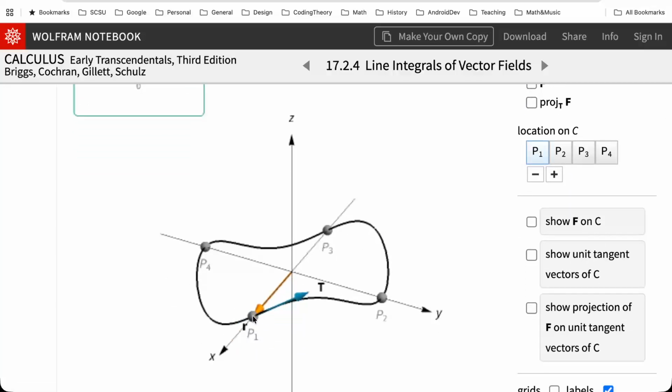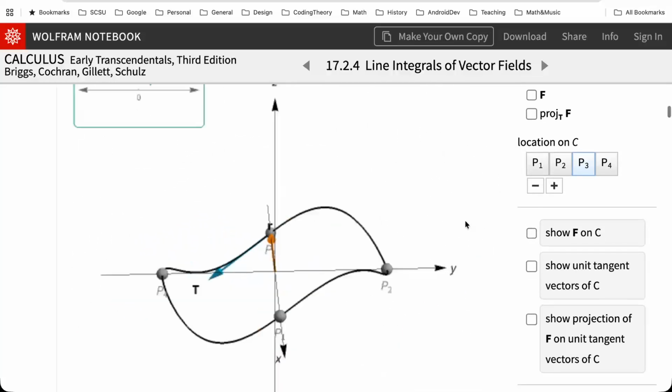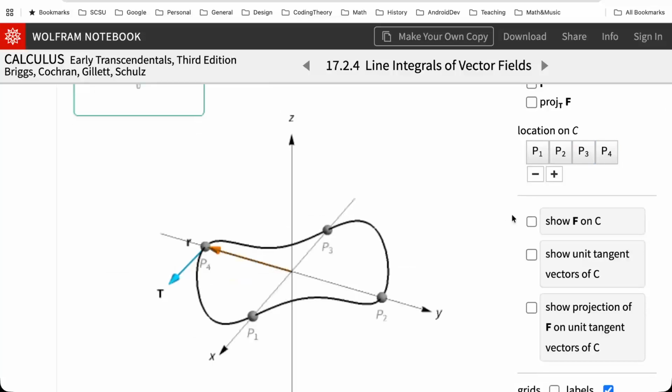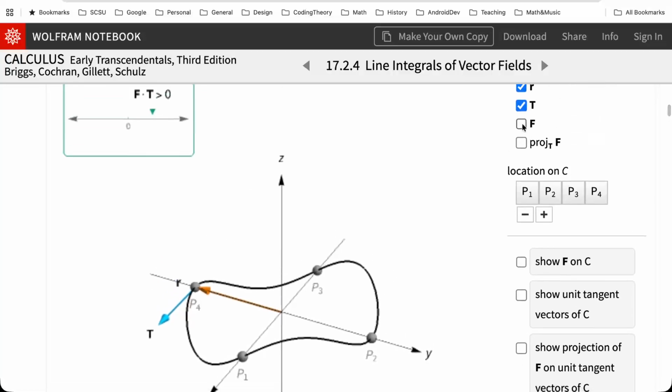So when the position has us at P1, you see the blue tangent vector is moving in the direction of the curve at that point. Here's the same pair of things at P2. There they are at P3. Oh, I didn't know it would move like that. And finally P4. Well, I'm sorry if that was disorienting when I moved the graph around. Now they've got some buttons here that I think I need to turn those things off.